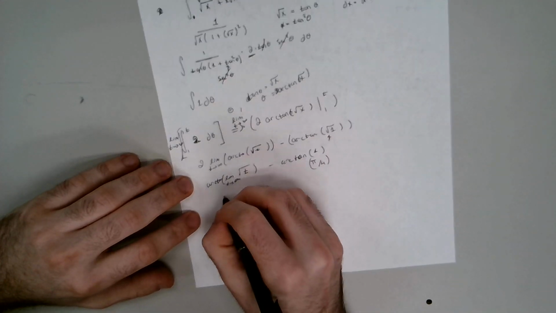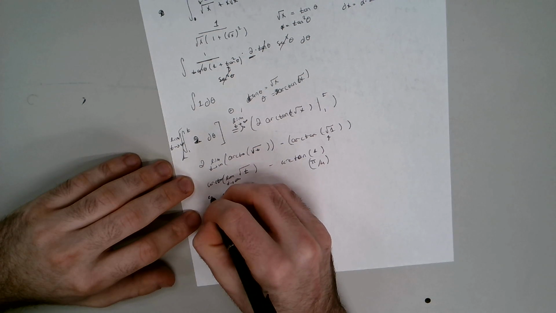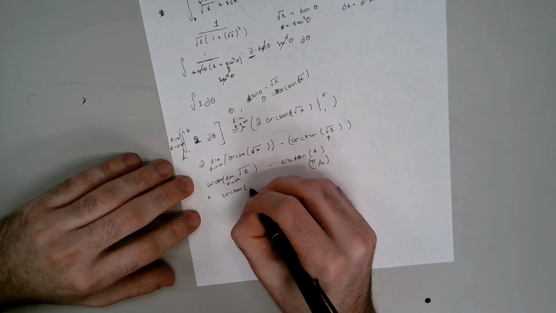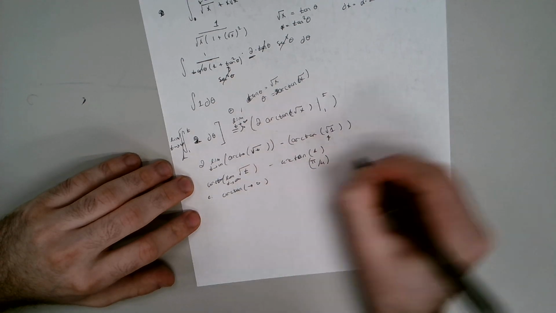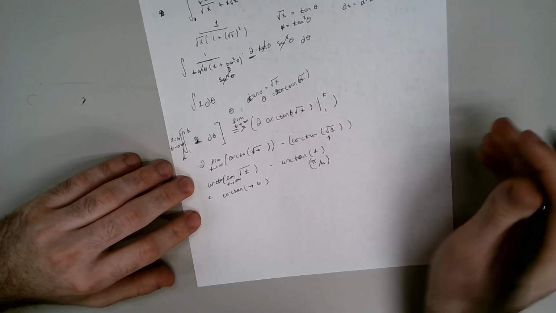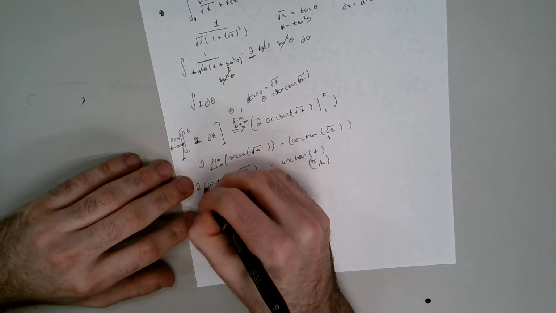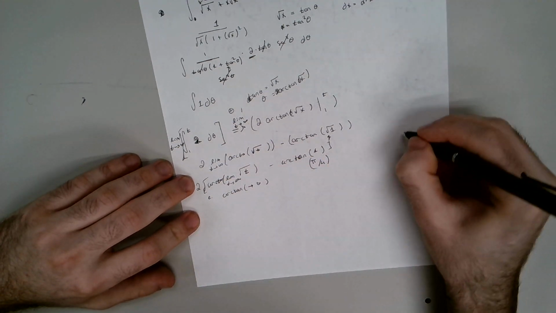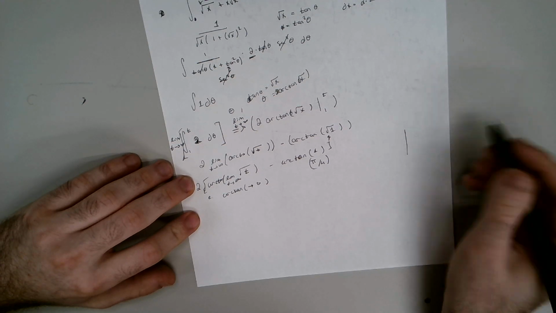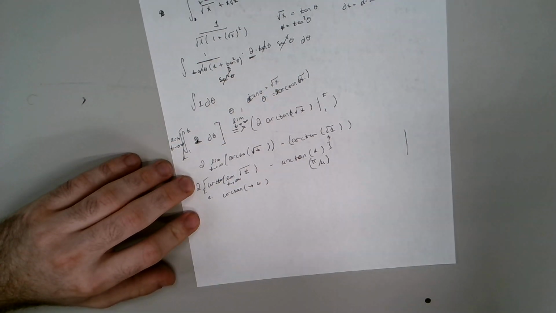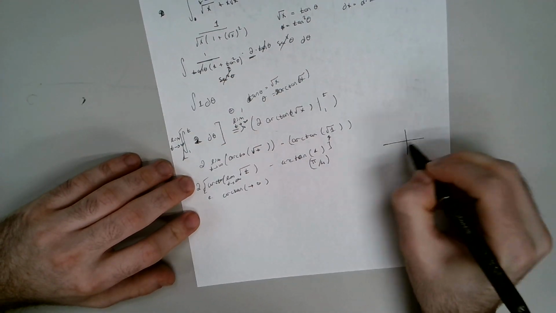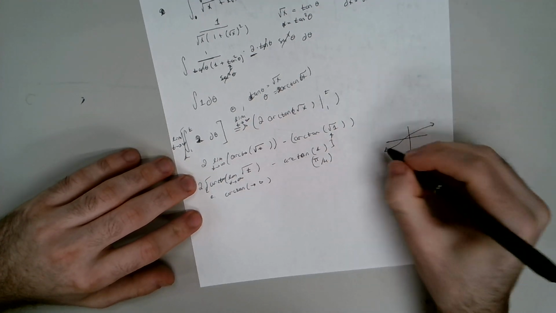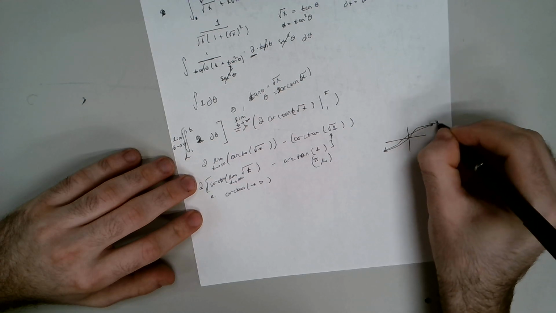So as this one goes to infinity, arctangent levels off at pi over 2. I forgot the 2 here. The graph actually asymptotes to pi over 2. It should look something like that.